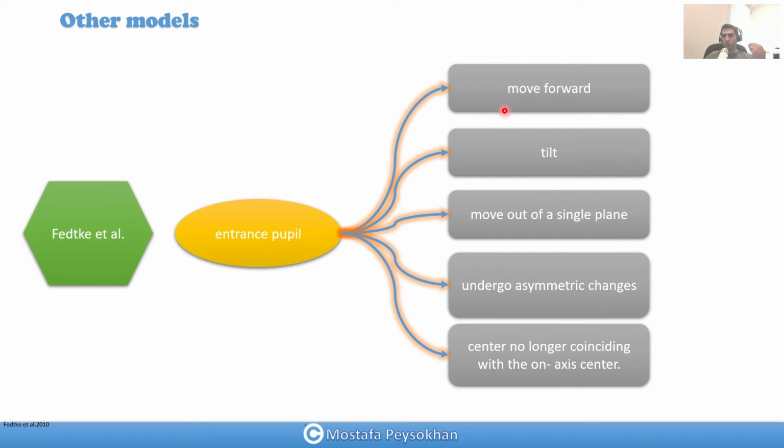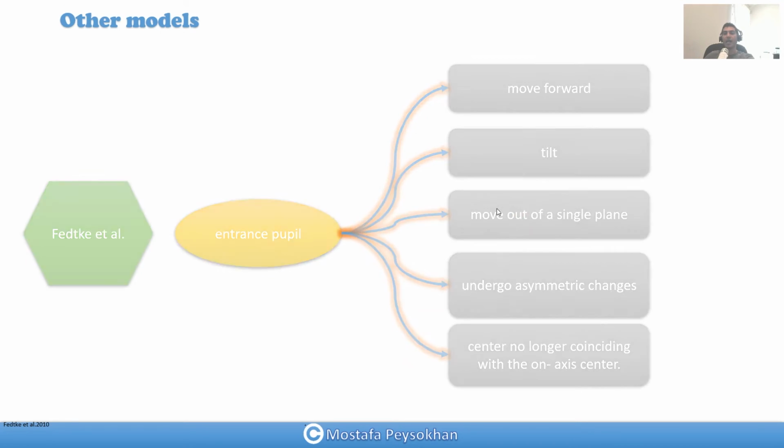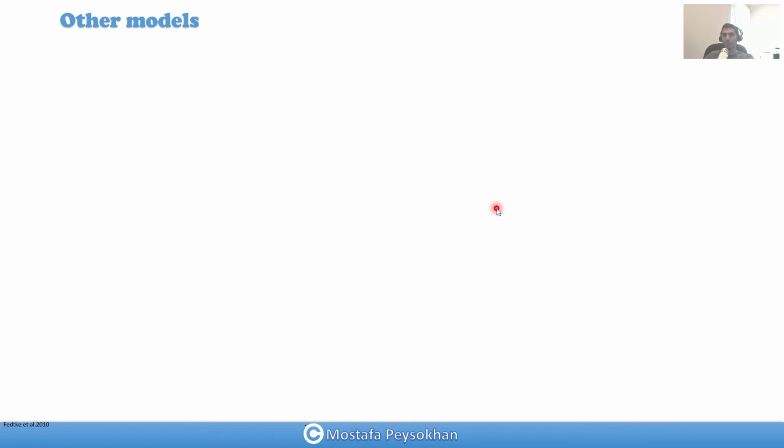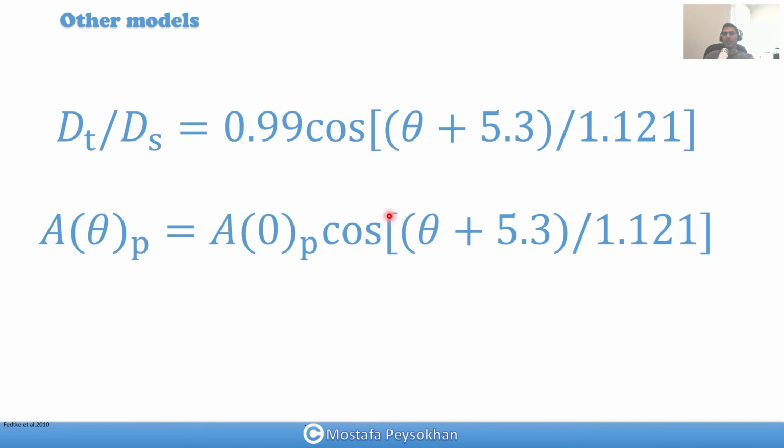The stop moves forward, gets tilted, moves out of a single plane, undergoes asymmetric changes, and its center no longer coincides with the on-axis center. Because of all of these changing parameters, we need to make some kind of correction to that simple formula.